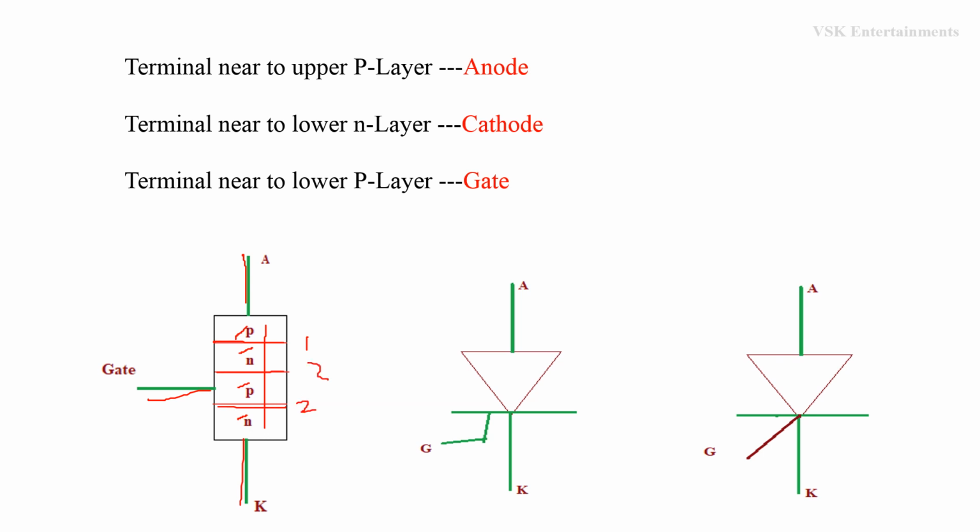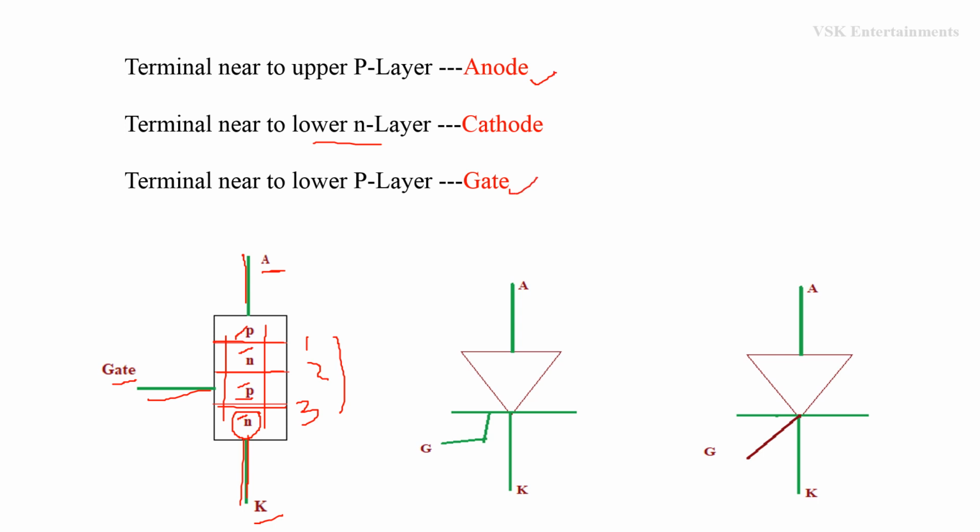So it is a 4-layer, 3-terminal, 3-junction power semiconductor device. The terminal which is connected to the upper P layer is called the anode, the terminal which is connected to the lower N layer is called the cathode, and the terminal which is connected to the lower P layer is called the gate.